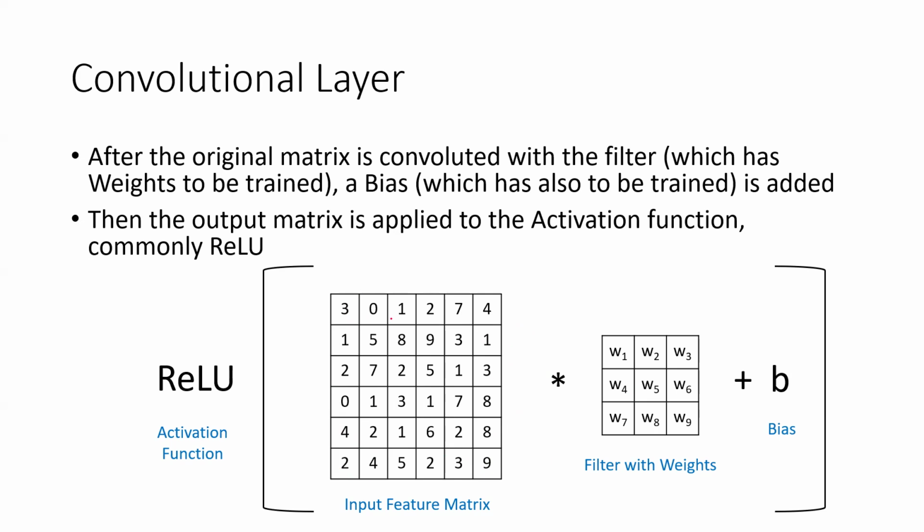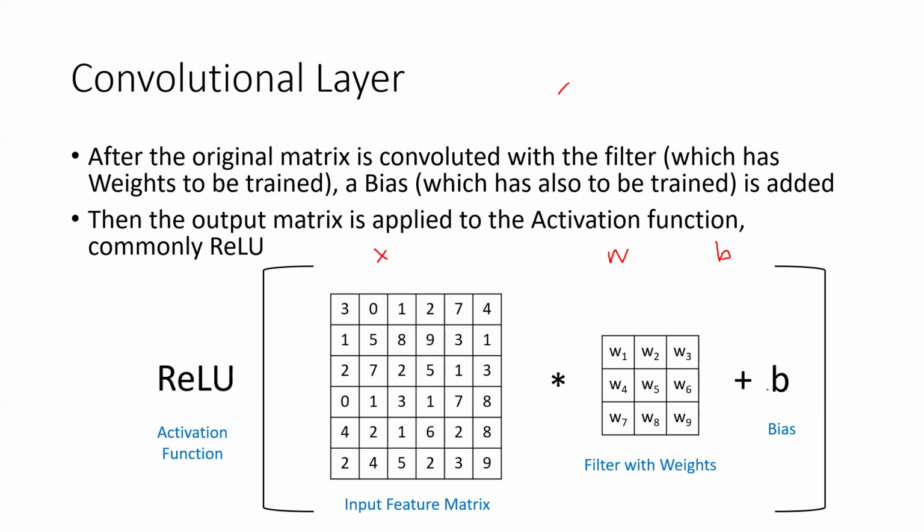If you consider these values as x values, these weights as w values, and this as b, then we take the convolution with the weight values, add the bias value, and then apply the activation function, generally ReLU, and this is the full operation of a convolutional layer.